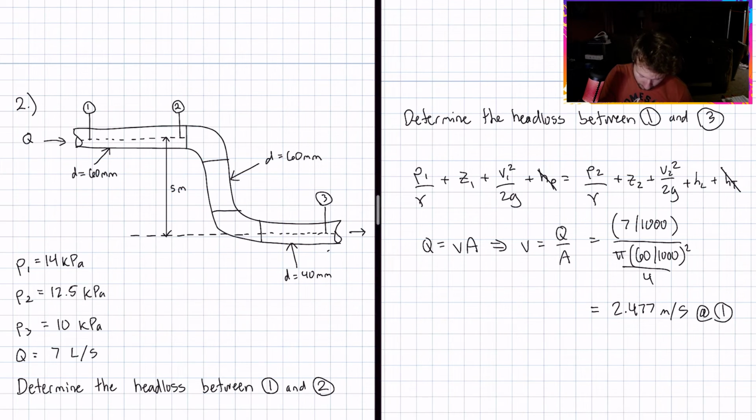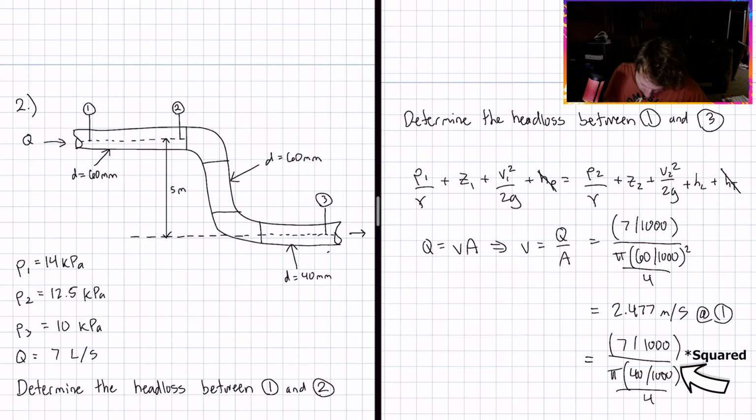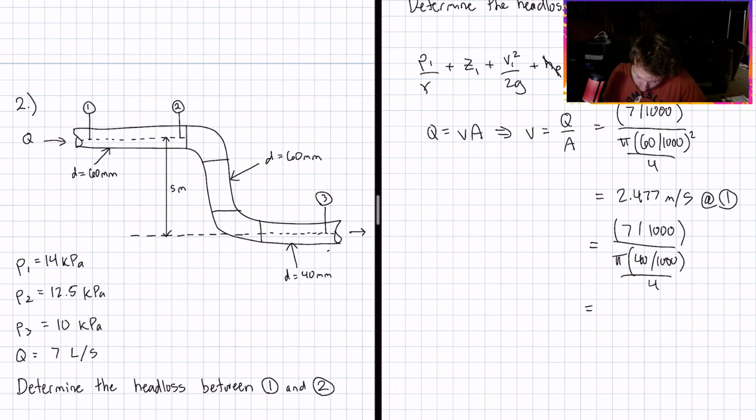If we do all the same things again with the 40 millimeters, 40 divided by 1,000 over 4, we get a velocity of 5.385 meters per second at point, whoops, not 2, 3. So now we actually have everything we need: our pressures, the change in elevation, and our velocities.